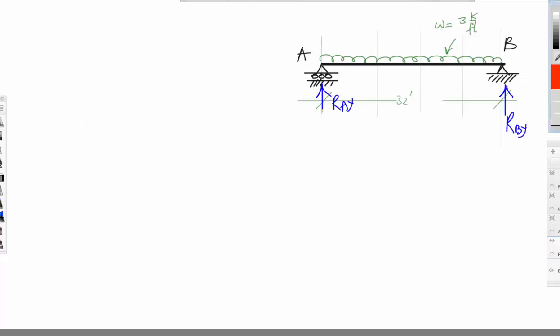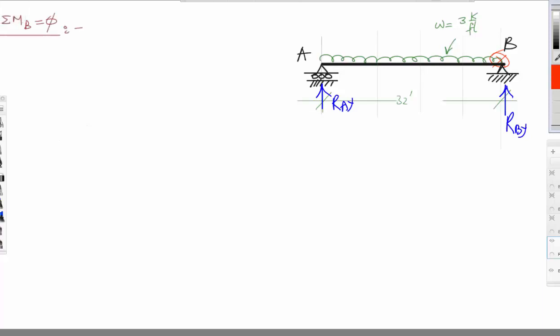So to calculate the reactions, we'll take moment about either B or A, and let's say we're taking moments about point B. So what we do is sum of all moments about point B is equal to 0.